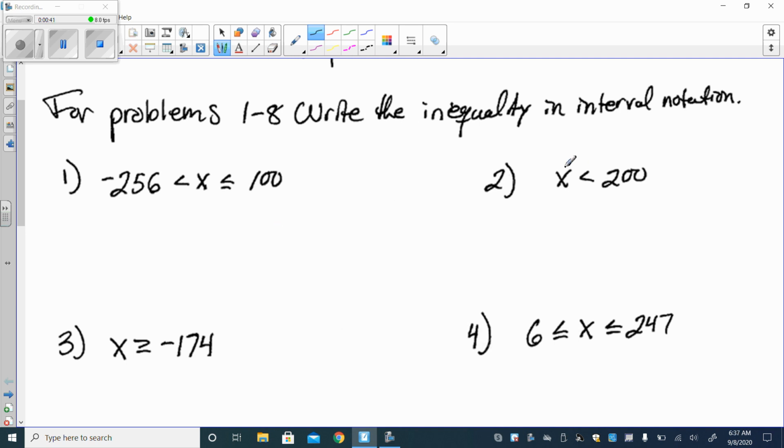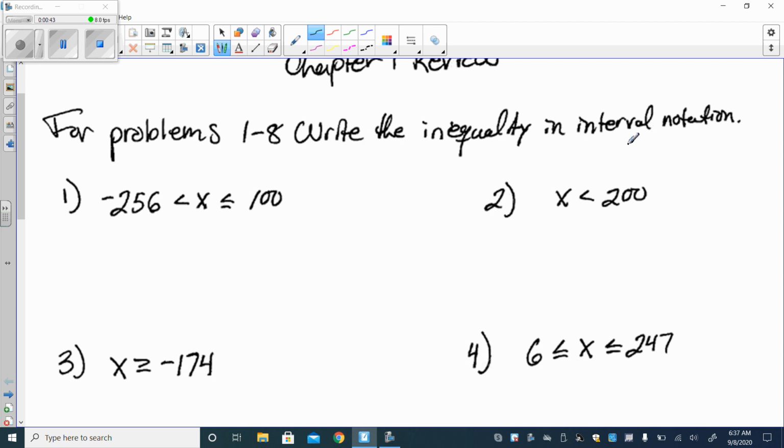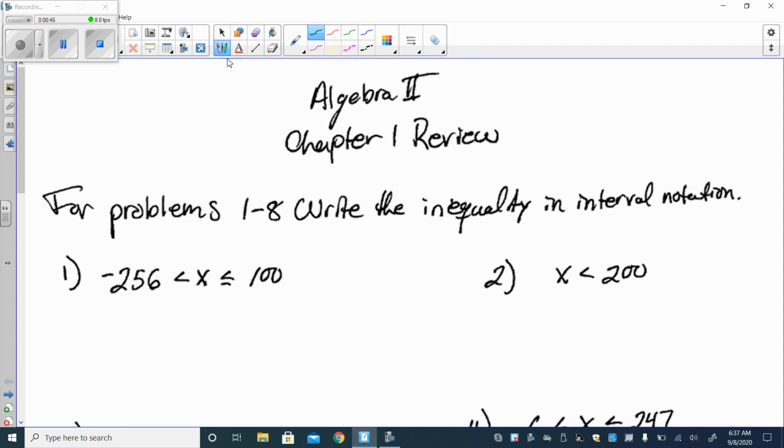So when we look at inequalities, write the inequality in interval notation. When we talk about interval notation, there's 4 different sets of symbols that we'll be using. One of them is going to be a set of brackets, or a set of parentheses.